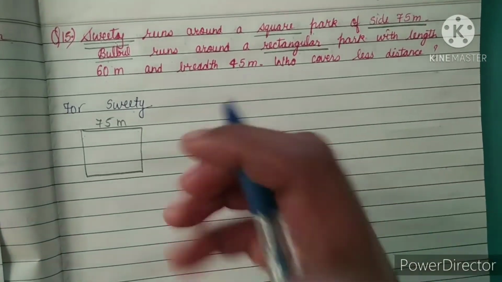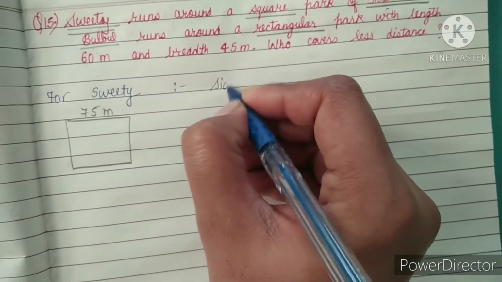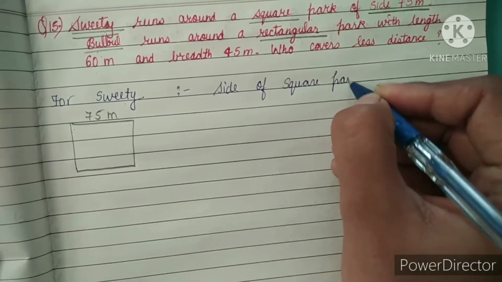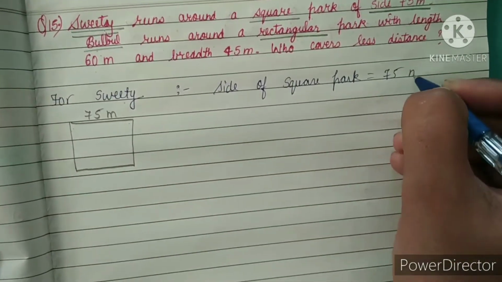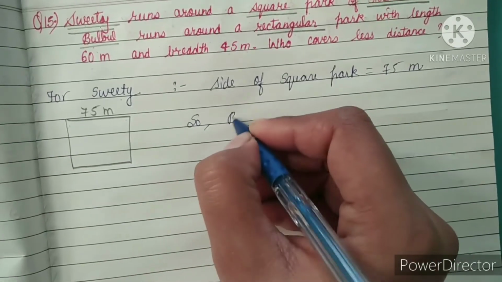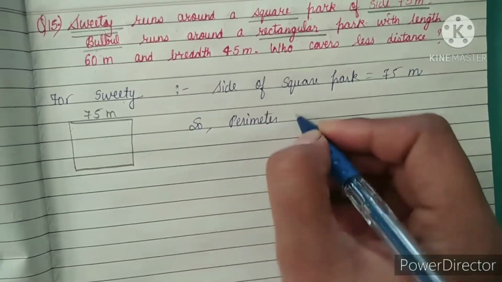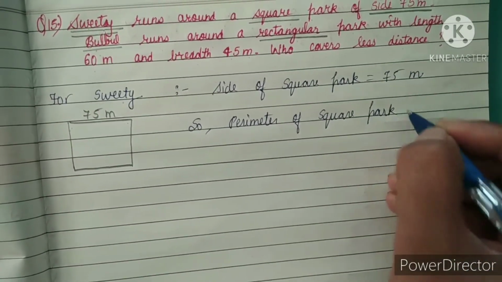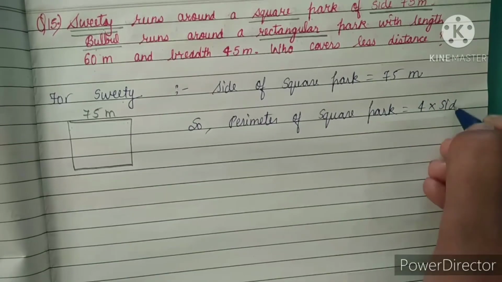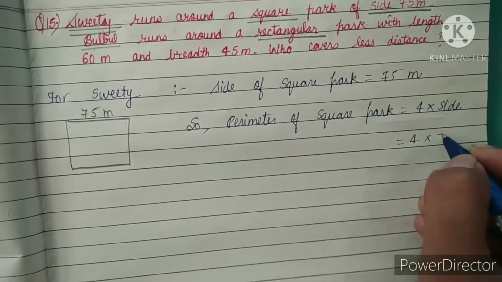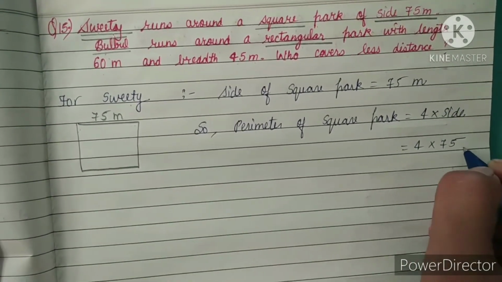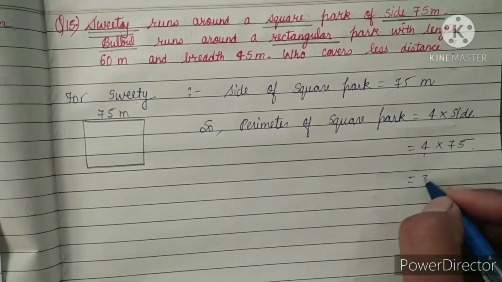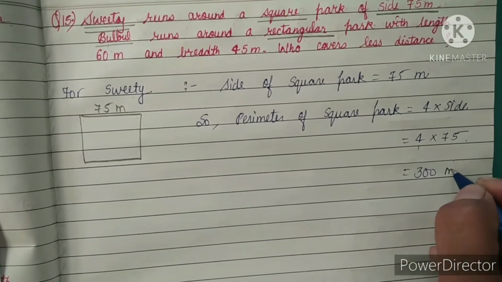So the perimeter of the square park is 4 into side. So this 4 will multiply by 75, and when we multiply 75 by 4, it will give us 300 meter.